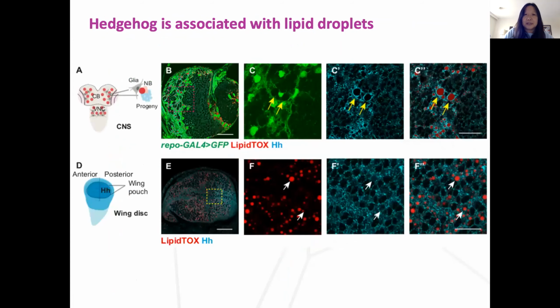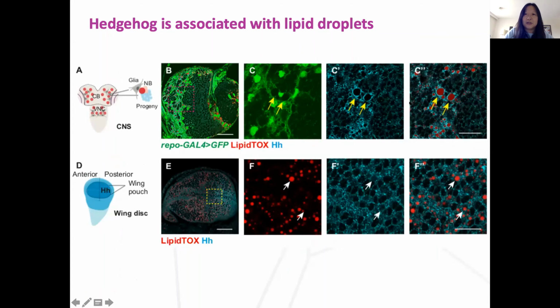So Joanna then went on to ask if hedgehog is localized to the glial cells and could it be playing a role. And when she looked at hedgehog staining, she found this very striking phenotype where this hedgehog staining appeared in a ring sort of shape.